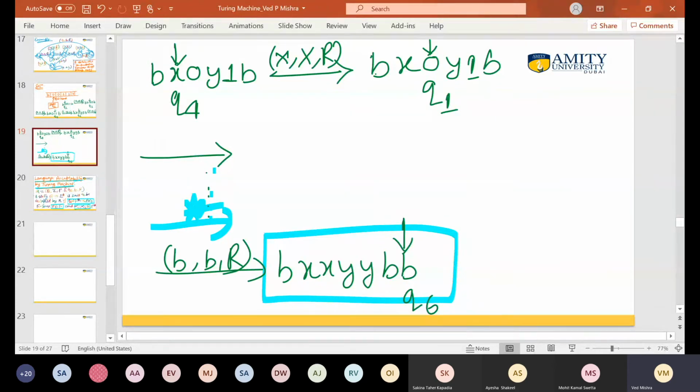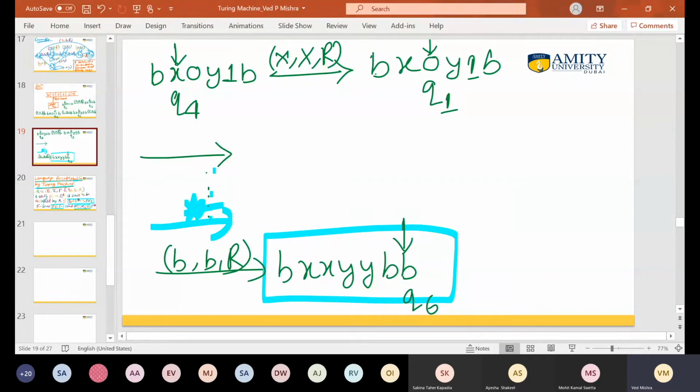Now what would have been the other conditions? The machine is not halting at all. It keeps going. Or another condition can be that it is halting in between only. It's not reaching the final state.